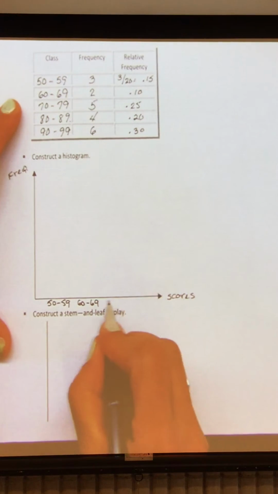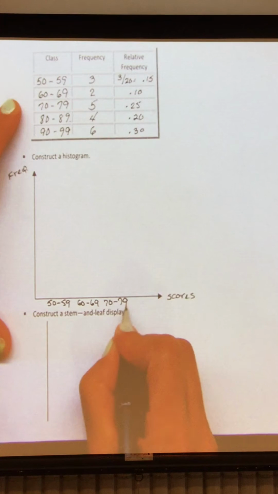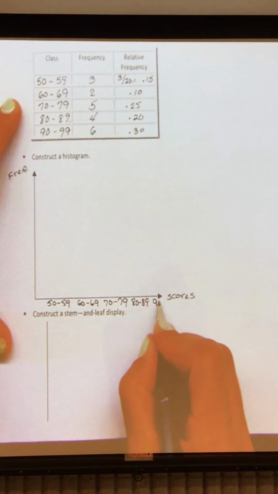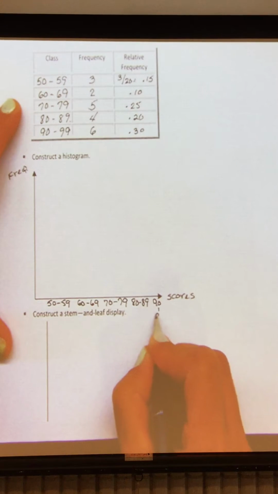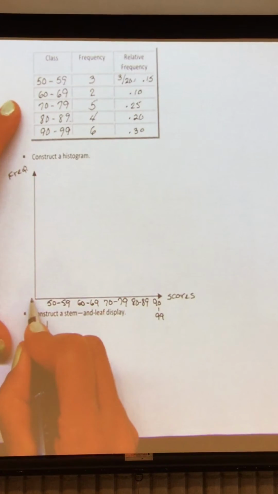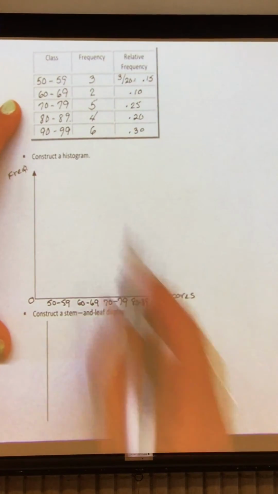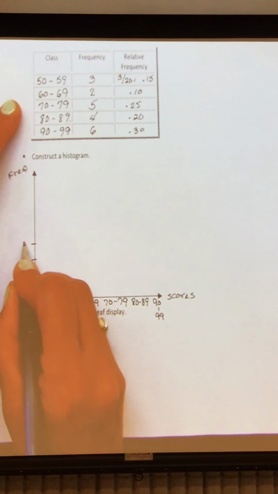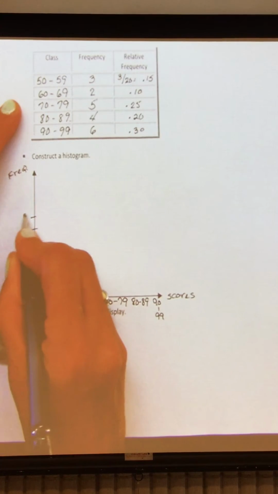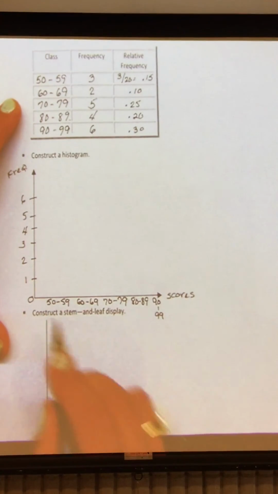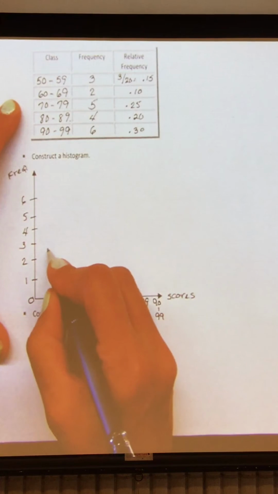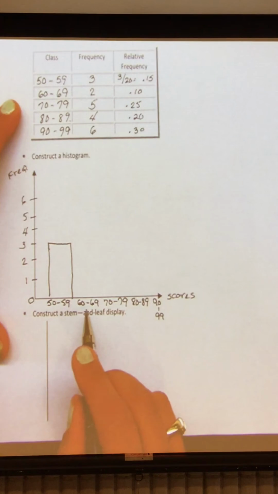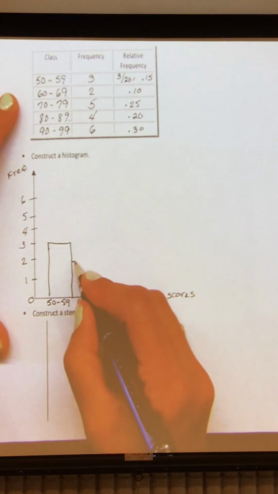The next ones will be 70 to 79, 80 to 89, and then 90 to 99. And your frequency will go from 0 to 6, so we can do 0, 1, 2, 3, 4, 5, 6. The first class has 3. So between 50 and 59, you have 3. Between 60 and 69, you have 2.